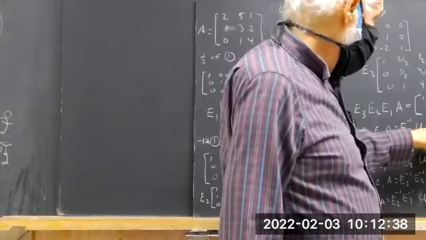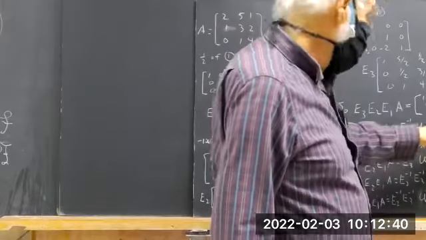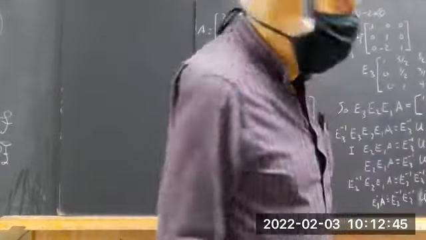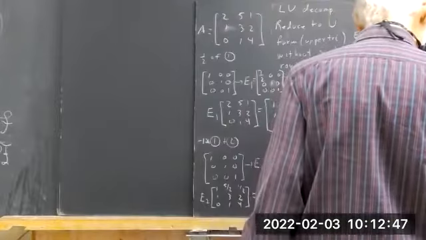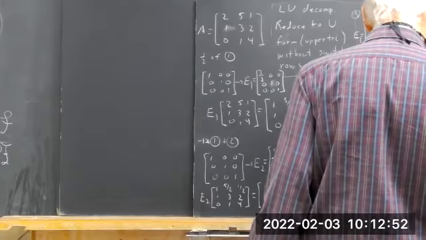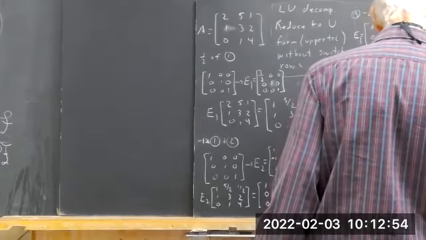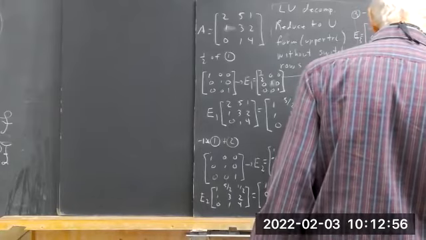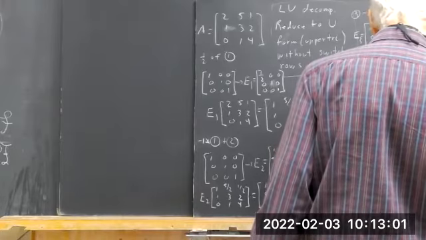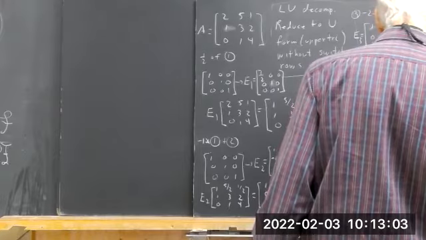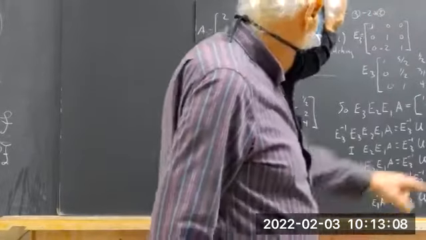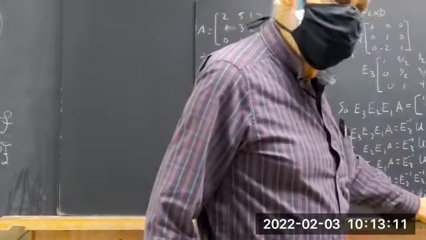And E1 inverse times that product is again lower triangular times lower triangular, which is lower triangular. So big L means lower triangular.